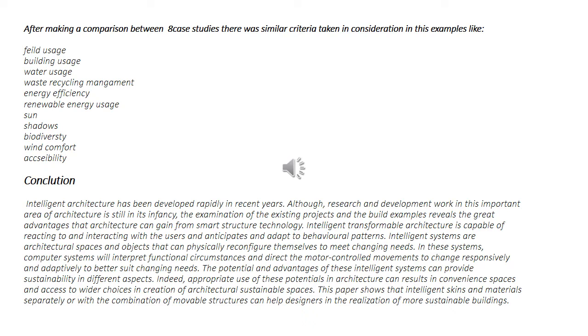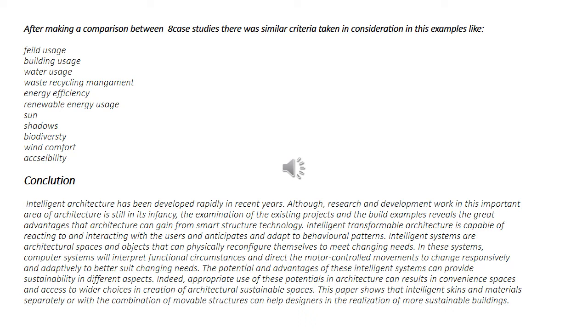After this comparison of all these projects, we came to a conclusion. Intelligent architecture has been developed rapidly in recent years. Though research and development work in this important area of architecture is still in infancy, the examination of these existing projects and the built examples reveal the great advantage that architecture can gain from smart structure technology.